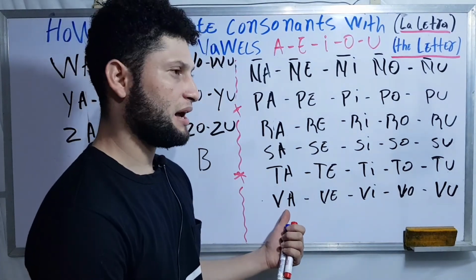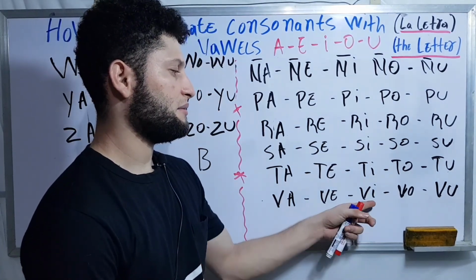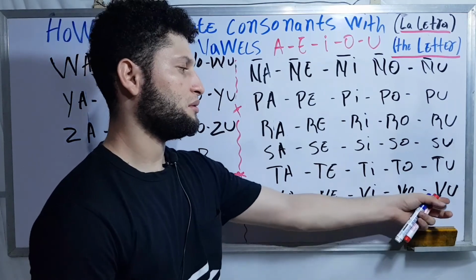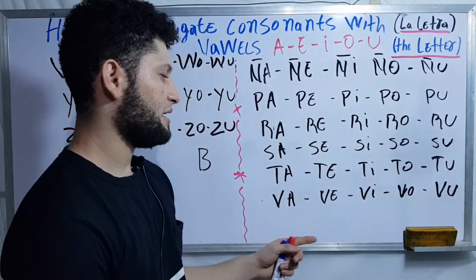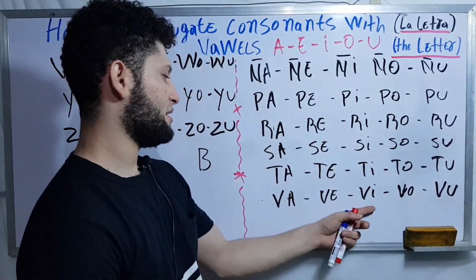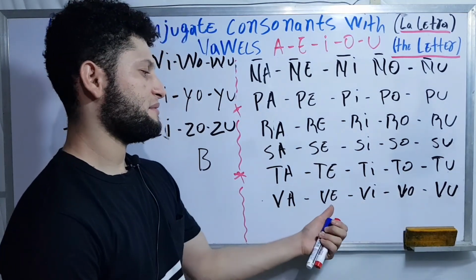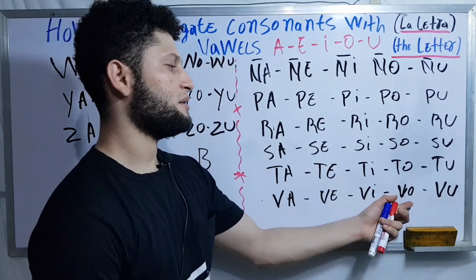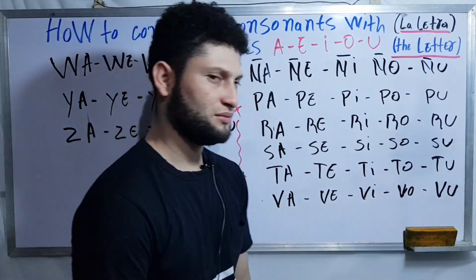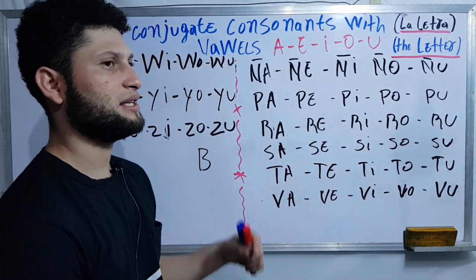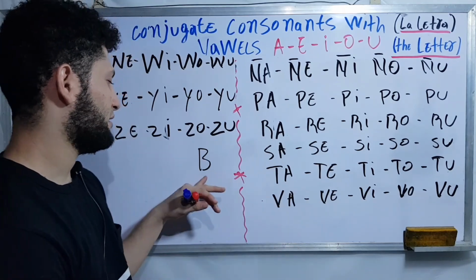Ba, be, bi, bo, bu. As you see, it's the same pronunciation as this one.